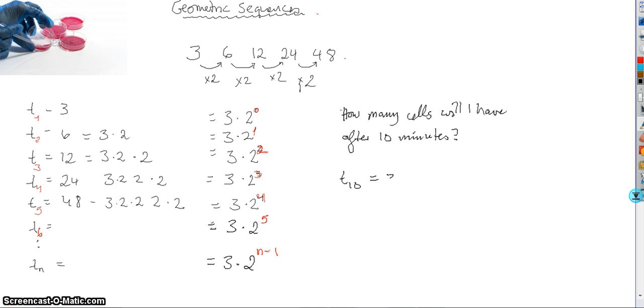I will substitute in my formula 3 times 2 to the power of 10 minus 1. That's 3 times 2 to the power of 9, which is 3 times 512. And so I will have 1,536 cells altogether.